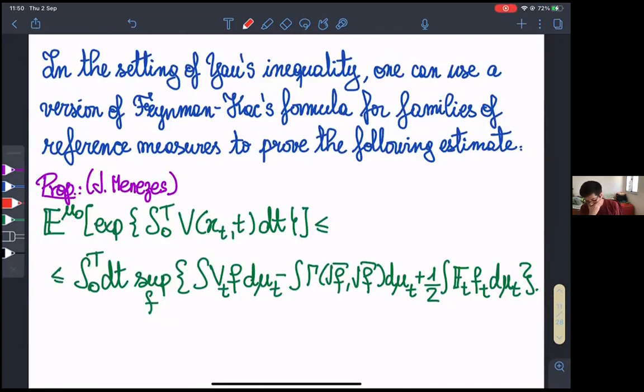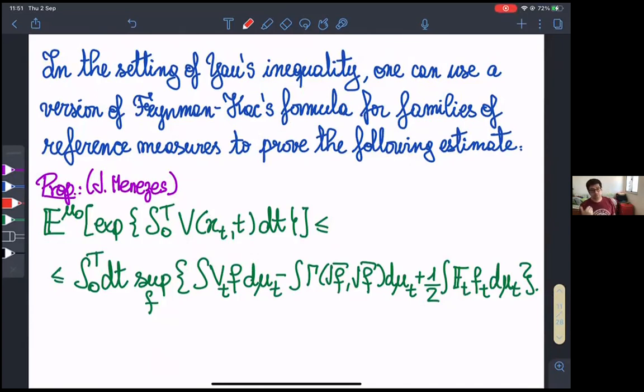But this is what I call a companion inequality. Okay, so actually this bound, based on Feynman-Kac formula, can be generalized. Okay, so in the previous slides, what I showed you were estimates in which the reference measure was the invariant measure.